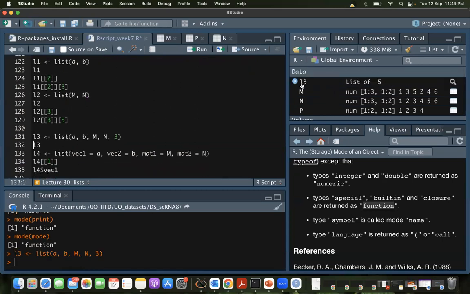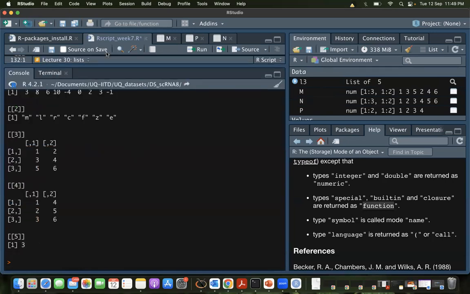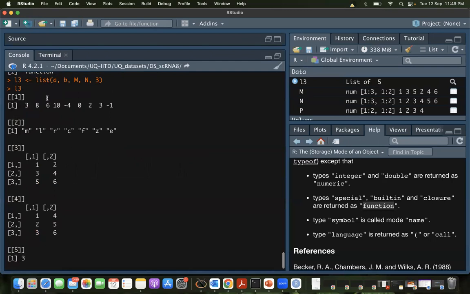So I'm defining L3. So I'll just write L3 here and let's see what L3 is storing. So this is what L3 stores. So it says at the first position, it's storing something. At the second position, again, something. At the third position, it has this. Fourth position, it has this.